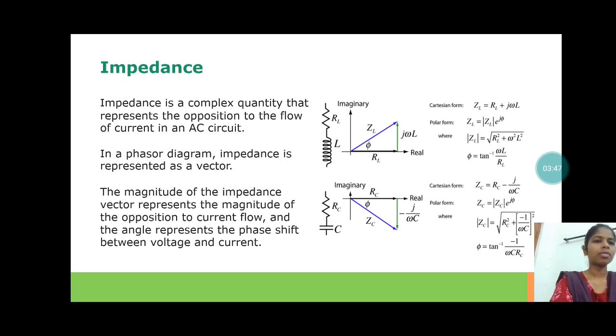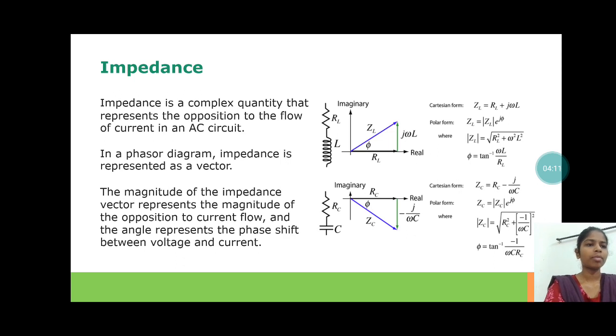This is the graph. Here ZL equals RL plus j omega L. In polar form, ZL equals modulus of ZL e power j phi. Phi equals tan inverse of omega L by RL. This is the RC circuit.